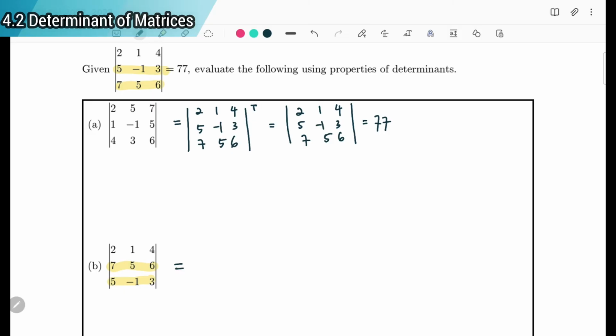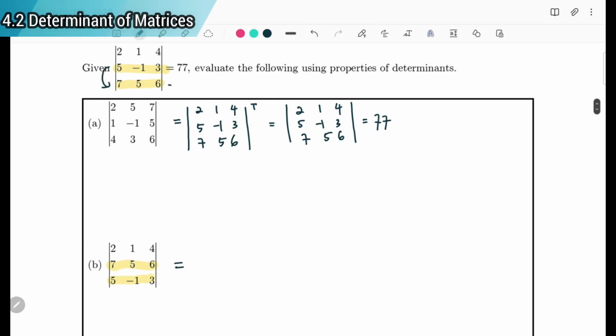You swap these two rows, you get the matrix in B. From the properties, you know that this is equal to the negative determinant of 2, 1, 4, 5, negative 1, 3, 7, 5, 6. So you just need to multiply by negative, so negative 77.